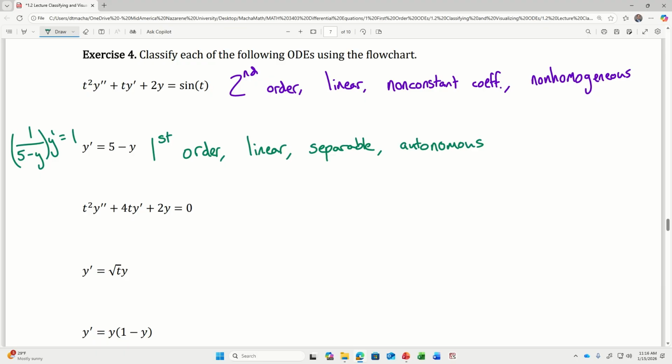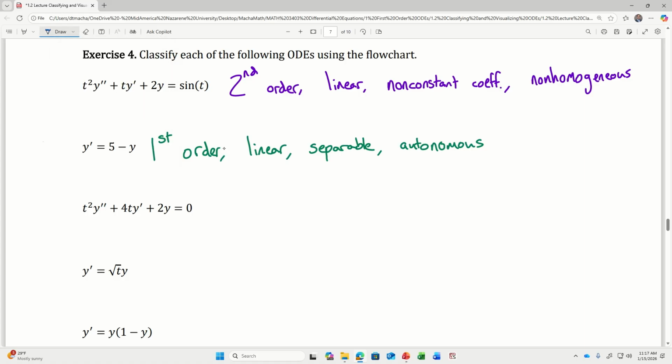If you see a first order ODE and you don't see any t's, then it's definitely separable every time. Autonomous implies separable. Separable doesn't have to be autonomous, but autonomous has to be separable. So anyways, if I was trying to fully describe this to somebody, I would say this is a first order linear separable autonomous ODE. Or I could just say first order linear autonomous, because autonomous implies that it has to be separable. Okay.